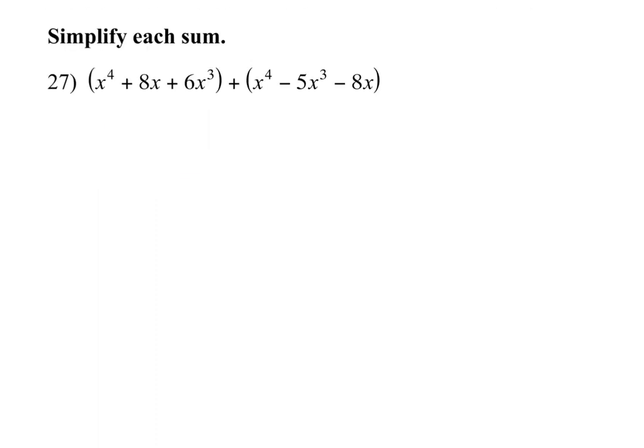So addition is pretty simple. You're literally just combining like terms. No matter which group it's in, I start with my highest degree so that my answer's in standard form when I'm done, and I don't have to worry about rearranging it. Looking across both groups, 4 is my highest exponent, so I start with my x to the 4ths: x to the 4th plus x to the 4th.